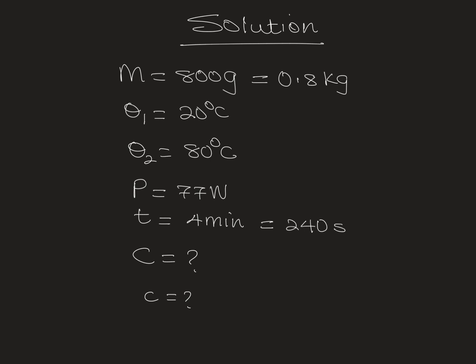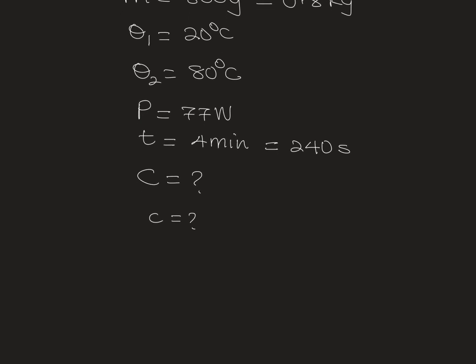Whenever you are given power or current or voltage, you should always have in mind that you can find the quantity of heat by either using the quantity of heat is equal to power multiplied by time, or the quantity of heat is equal to the current times the voltage times the time. But in this question, we are given power and time, so which means the first equation will work.